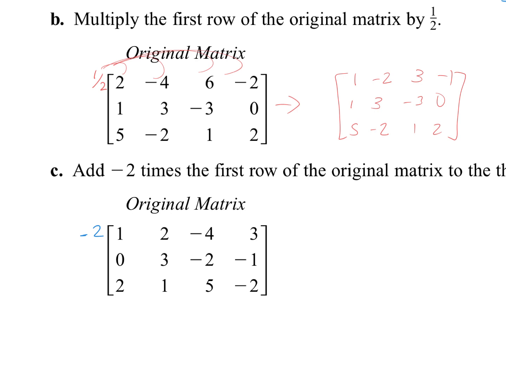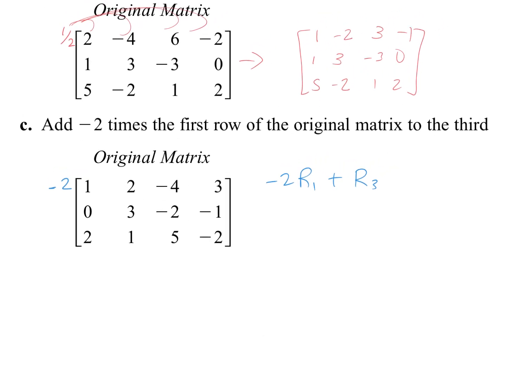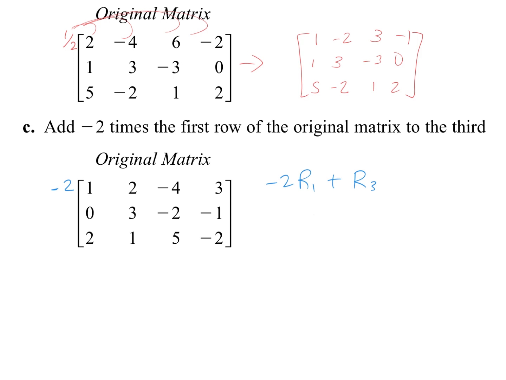So literally, this is what we're doing. We're taking negative 2 times row 1, and I'm adding it to row 3, correct? You guys agree with what that says? All right, so what's the only row that's going to change in my final matrix here? The last one, yeah. The first one's going to stay the same. The second one's going to stay the same.